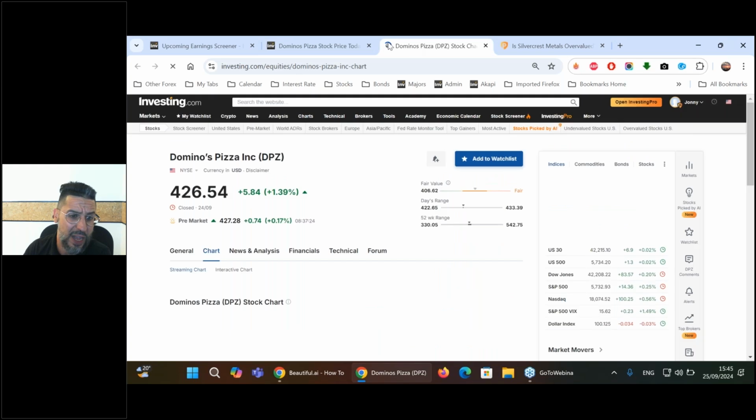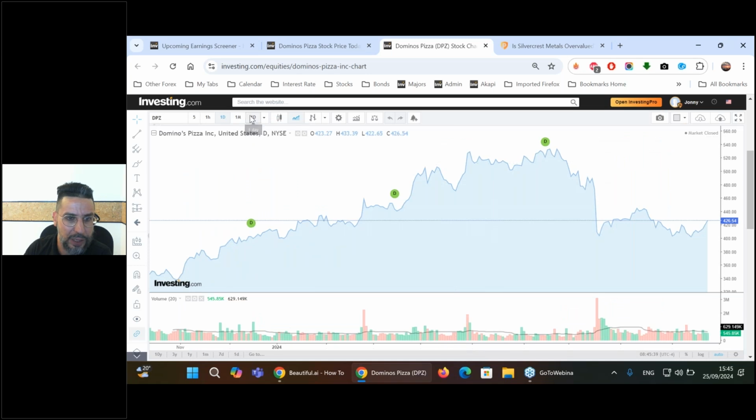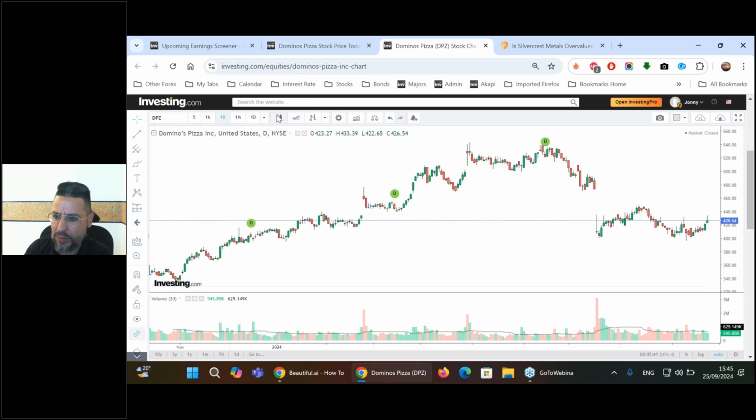It was trading above 500 just 3 months ago, so we've got this big earnings gap here. You know what they say about earnings gaps? Gaps tend to always get filled. If we're at 426 right now, taking a look at that gap at 472, definitely a gap to fill there.